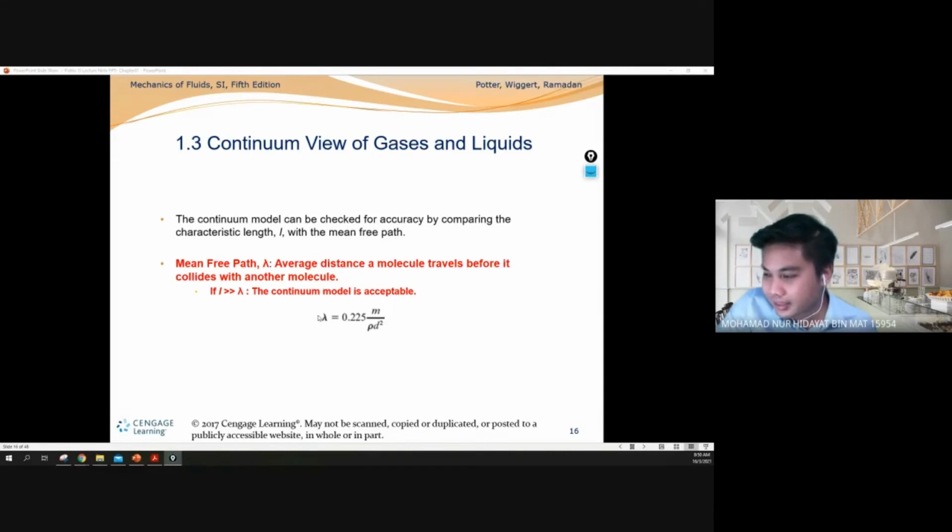So this is lambda. This we call the continuum model. If this is the continuum model, then you have to use this equation, lambda equals 0.225 m, mass over density times diameter squared. This is the formula if that is considered the continuum model. If it is not considered the continuum model, you cannot use this equation.